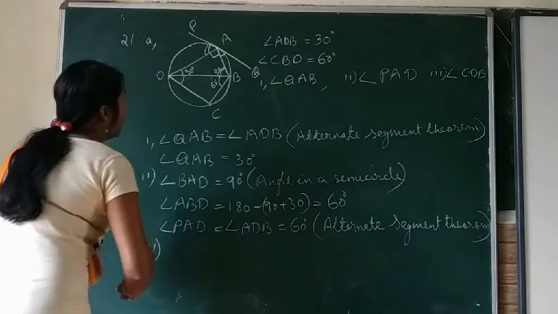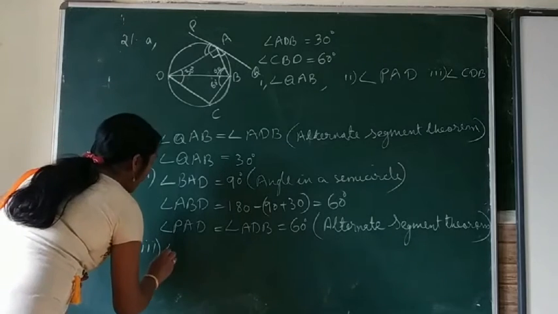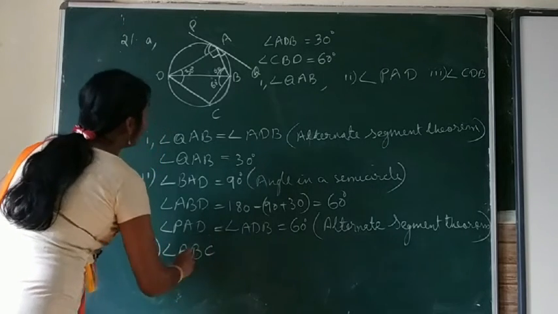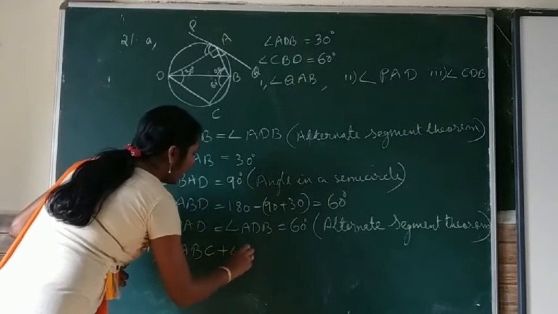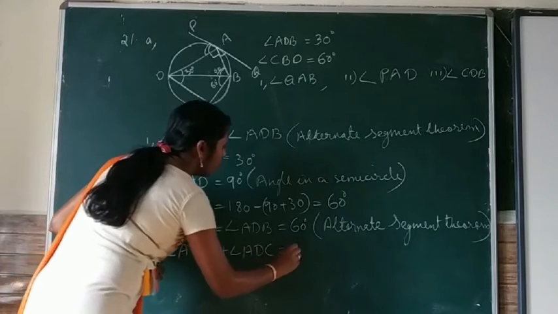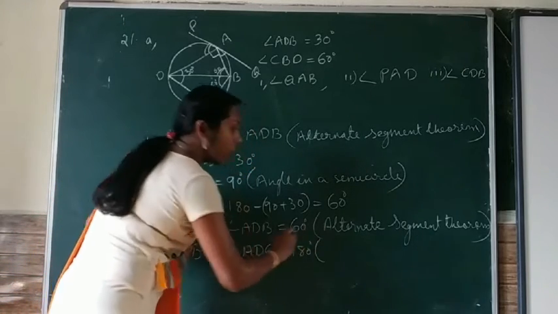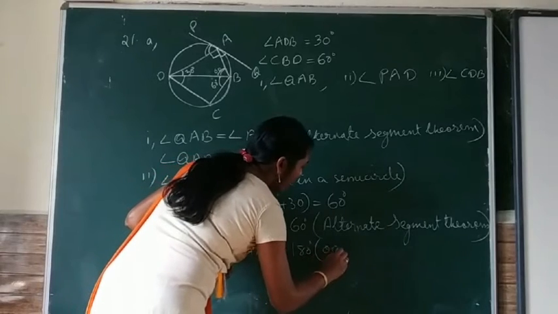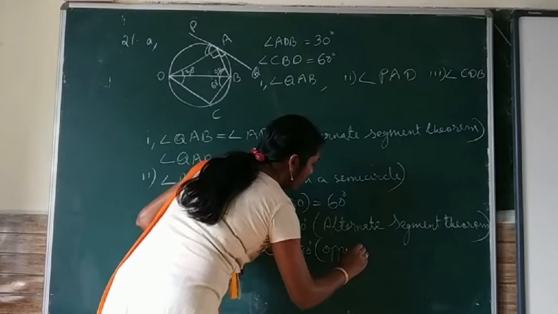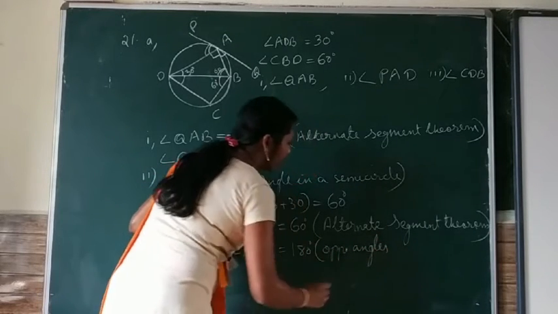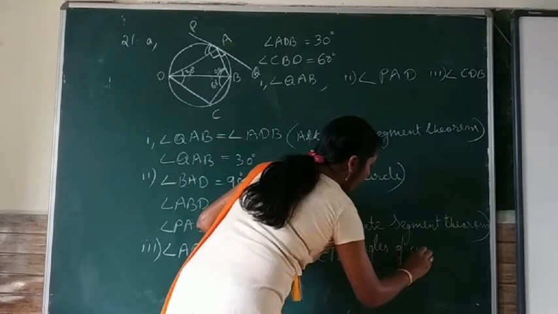For the third we can write angle ABC plus angle ADC is equal to 180 degrees. That is, opposite angles of a cyclic quadrilateral.